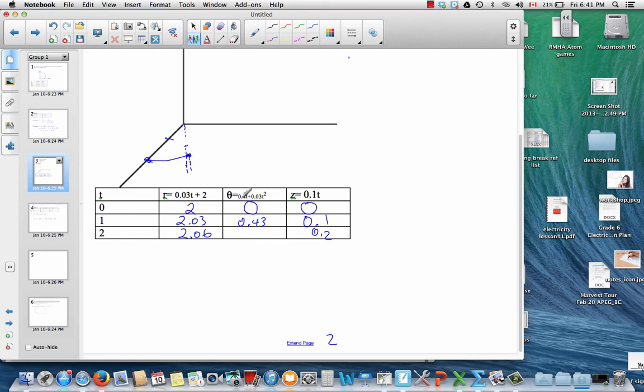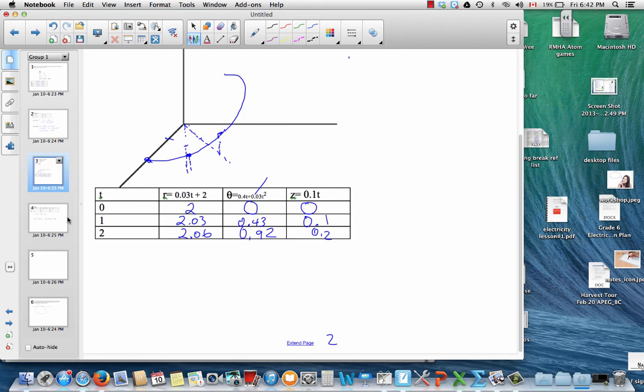Then if we put in 2 seconds, theta is 0.92, so that's almost a full radian, which is basically 60 degrees. Now we're still basically at 2 units from the origin, so r is not increasing very quickly. We're now twice as high in the z direction. So this is a spiral, right? It's rising, it's getting further from the origin as the angle sweeps it around and around. So that's the parametric equation for a spiral.